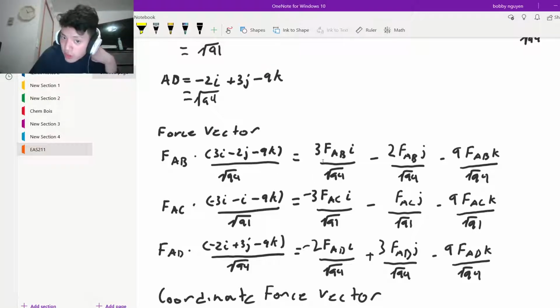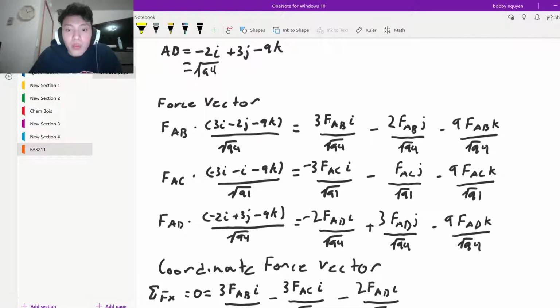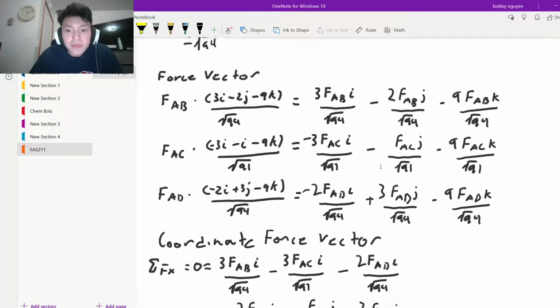Once you do that, you get these numbers right here with the variables, and we're trying to find the variables, right?